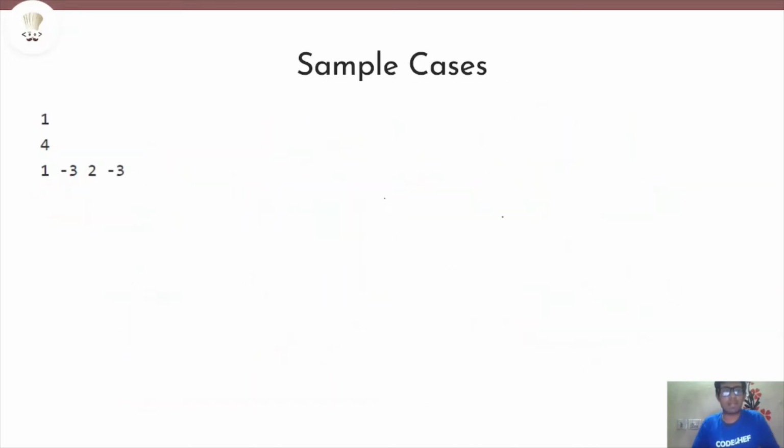Let's look at a few sample cases. In this sample case, we have n is 4 and we have this array. One brute force approach may be to try out all the n factorial permutations. In this case, because n is 4, you might even get away with it because it's just 24 permutations to check.